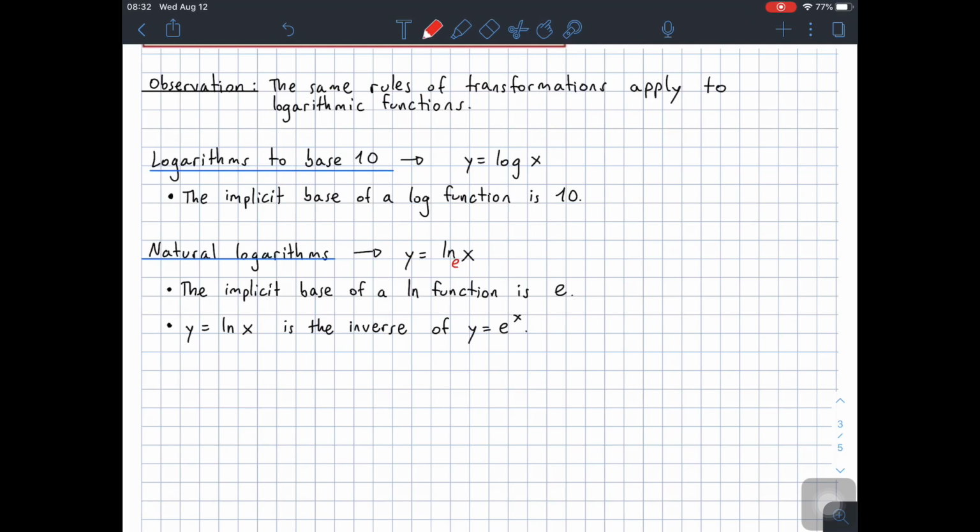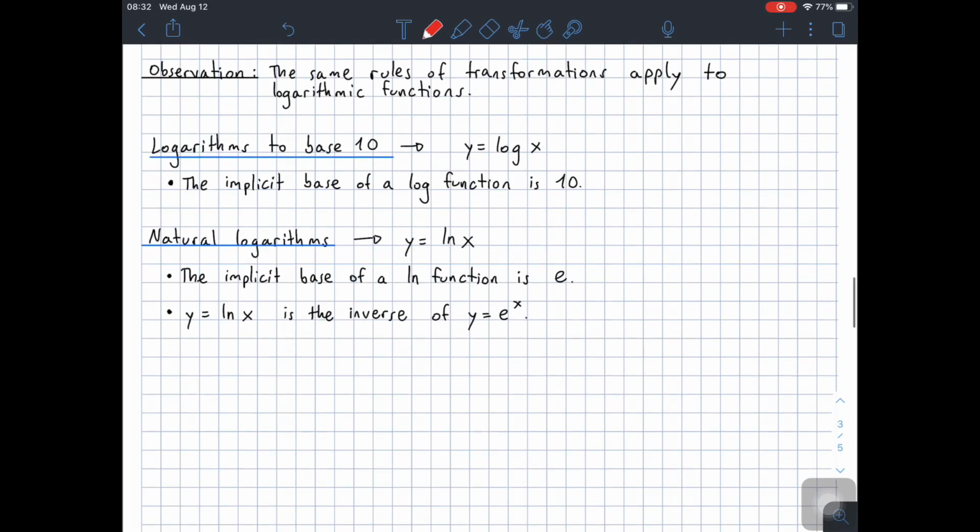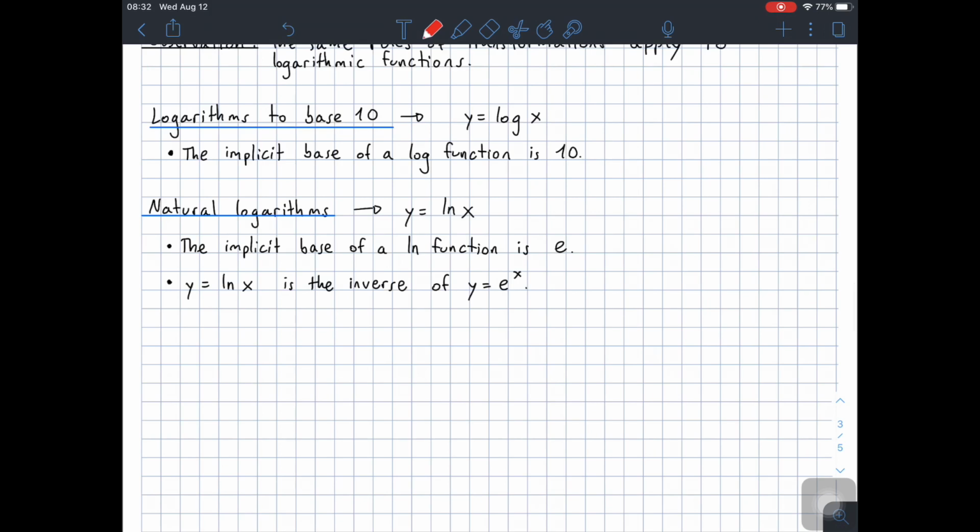The letter e, which is the one we saw in last class, right? e is a number which is 2.71 and so on, okay? So those are the two types of logarithm, but the properties, the asymptotes, the intercepts, everything is the same for both functions, the logarithm to base 10 and the natural logarithm.